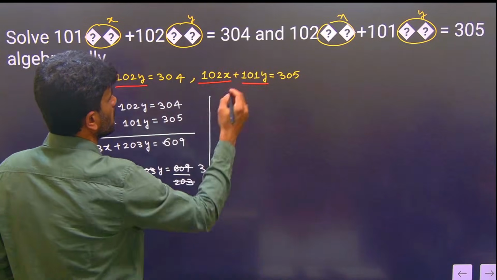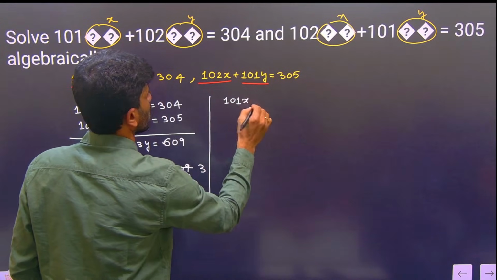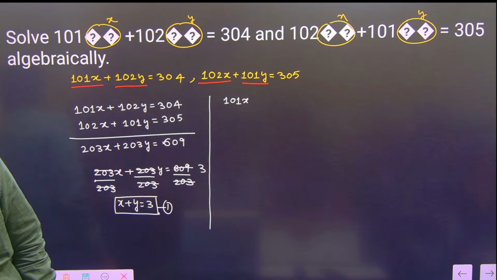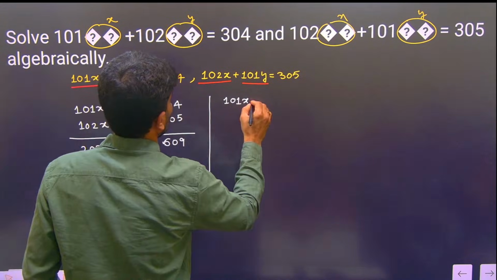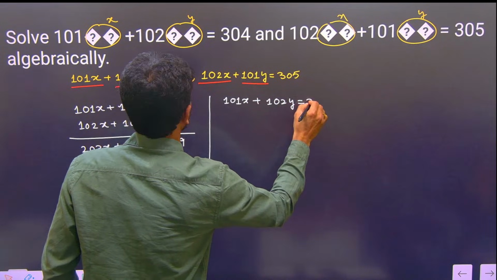So the second equation, we should subtract. 101x plus 102y is equal to 304.